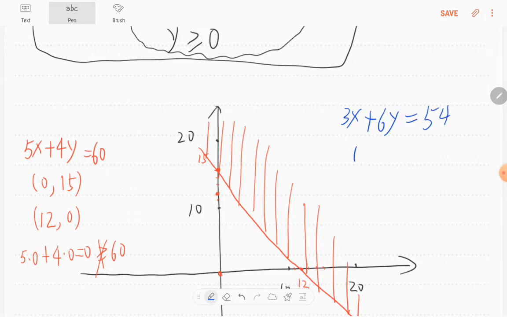Okay, so we have, if x equals 0, y equals 9, right? This is the y-intercept. If y equals 0, x equals 18. So this is 9, the point 0, 9, which is here.